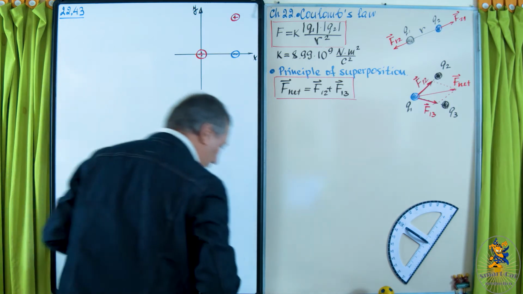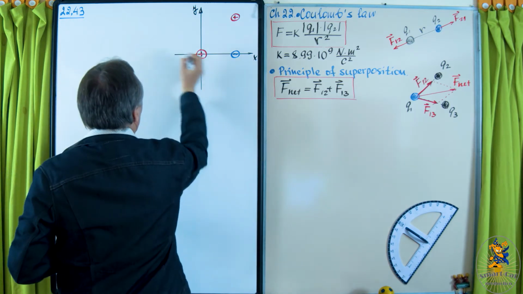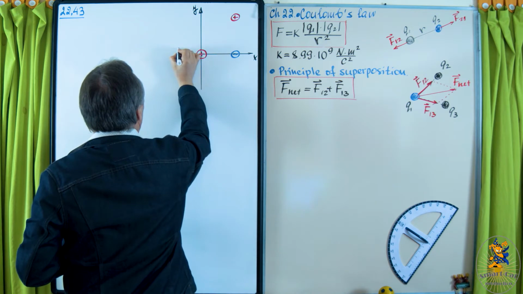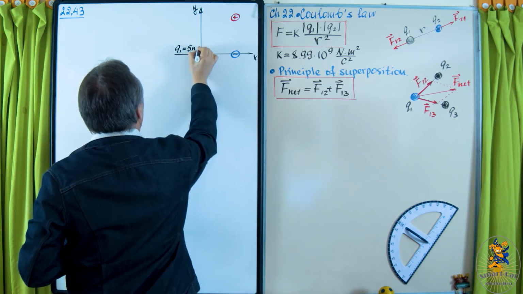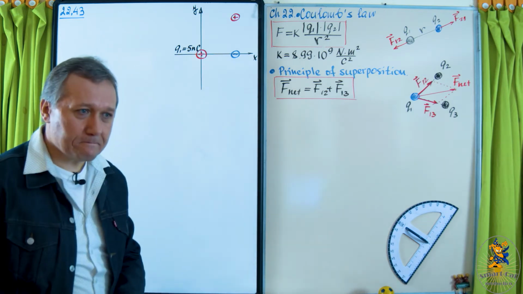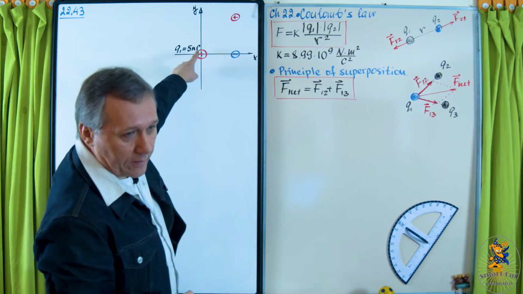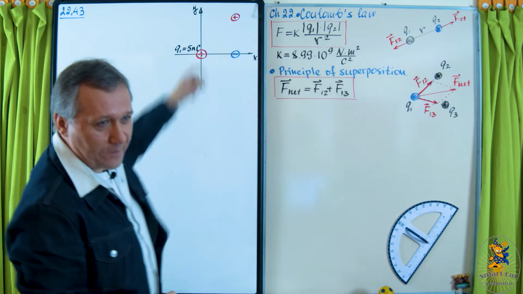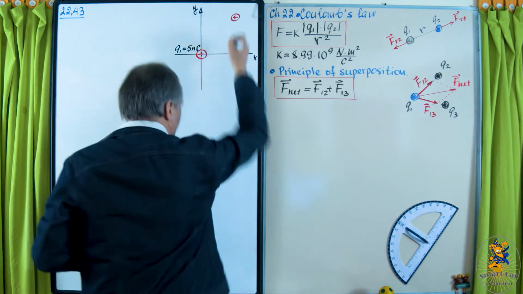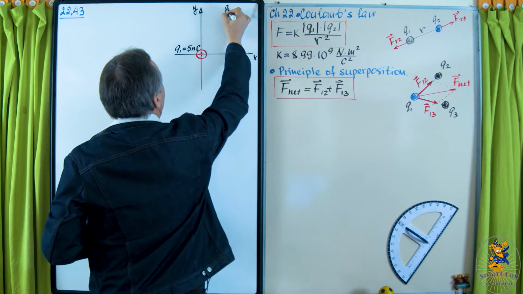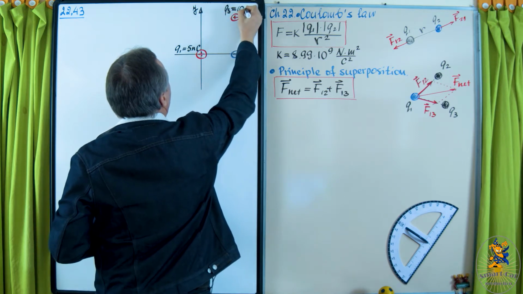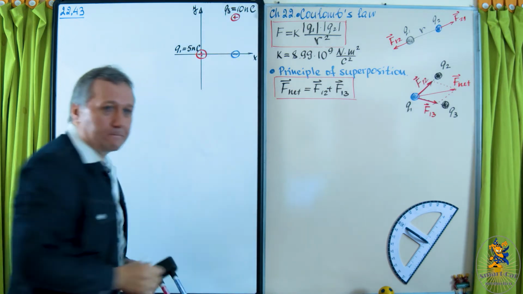Now let me label them. Q1, this guy, is 5 nanocoulombs, that is small n, nano. Then this one is Q3, 10 nanocoulombs.